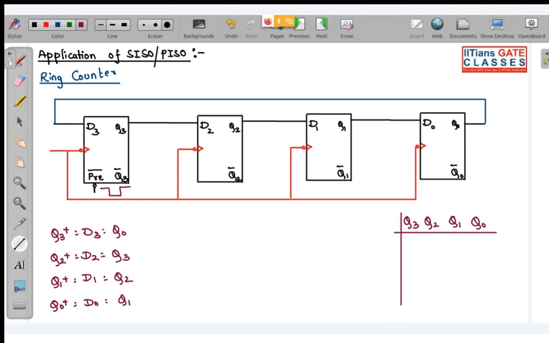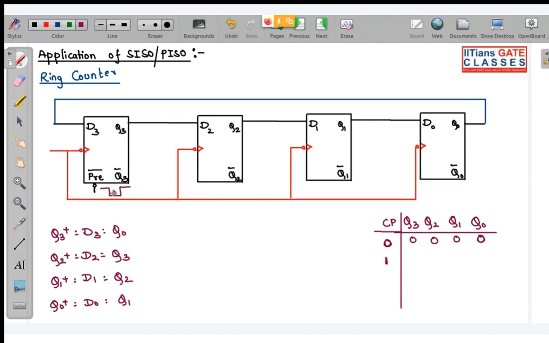So suppose initially, at clock pulse 0, all the flip-flops are 0. Now at the first clock pulse, this pre-bar is getting 0 input over here. Pre-bar gets activated when it gets 0.